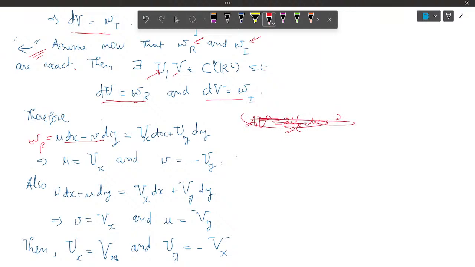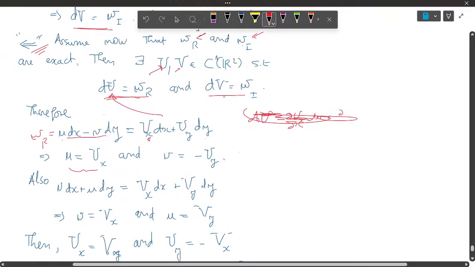So this is what we write here as Ux dx plus Uy dy. This is dU. But from this equality, we can conclude these equations: small u is the partial derivative of capital U with respect to x, and small v is negative the partial derivative of capital U with respect to y.